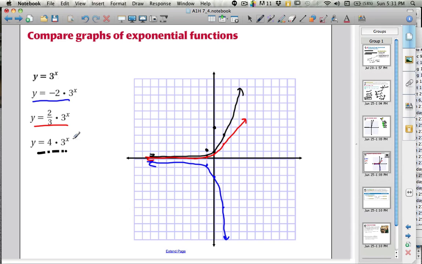And then 3 to the first power is 3 times 4 is 12, so that's way up here. So now we're coming in here and then shooting up. So it becomes even steeper than it was before.